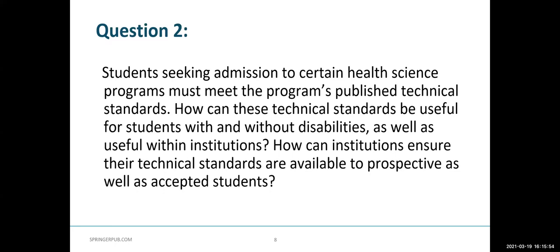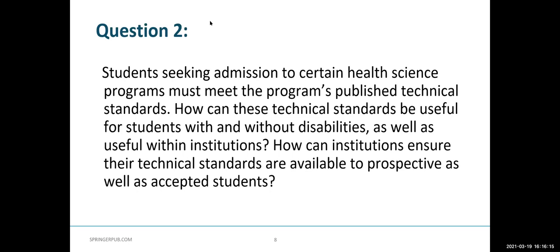But I was really struck in the book about how technical standards had an emphasis on things like effective communication and professional conduct, and not so much on the things that we know exclude students, things like, can you lift 10 pounds?